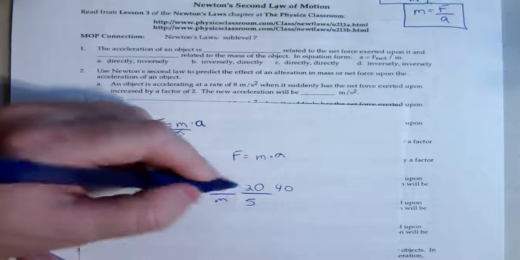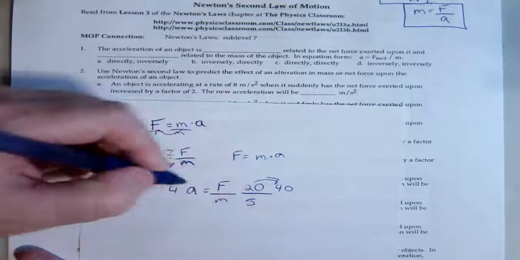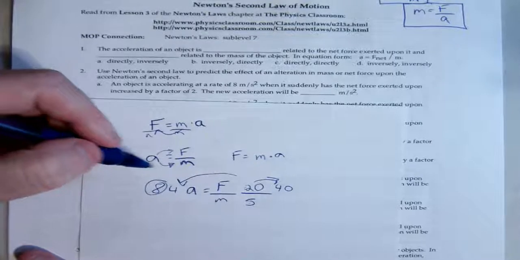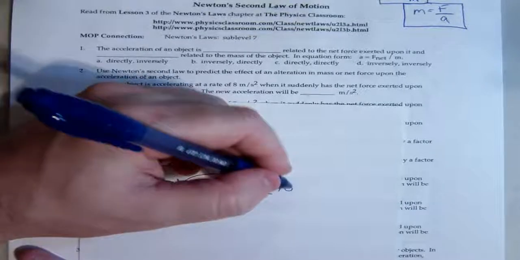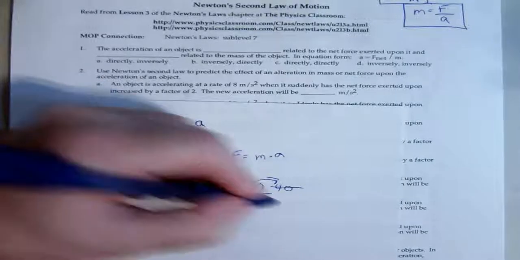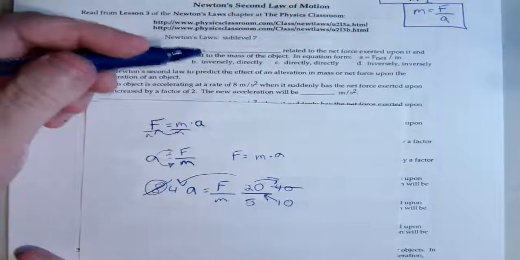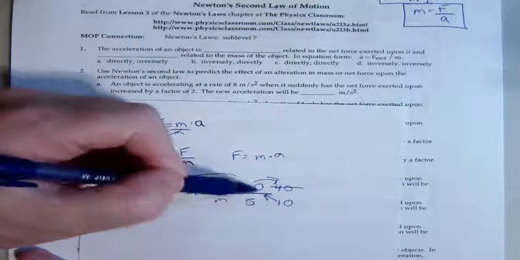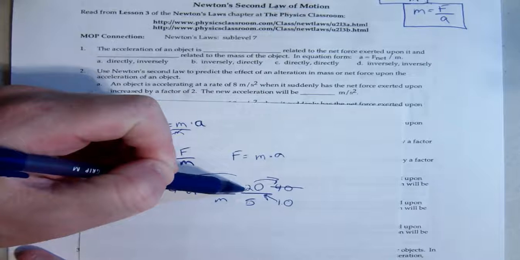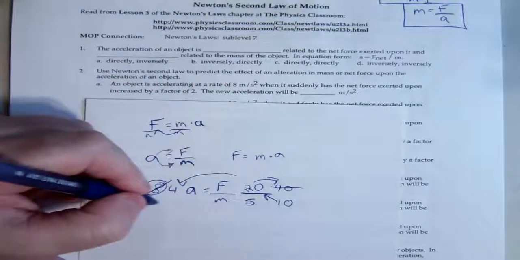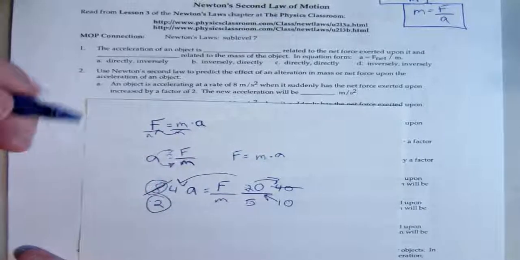So if we double the force, we double the acceleration to 8. Likewise, if we double the mass to 10, it goes into this half as many times, because now it only goes in twice. 5 goes into 20 four times, but 10 only goes into it twice. So our acceleration would be cut in half.